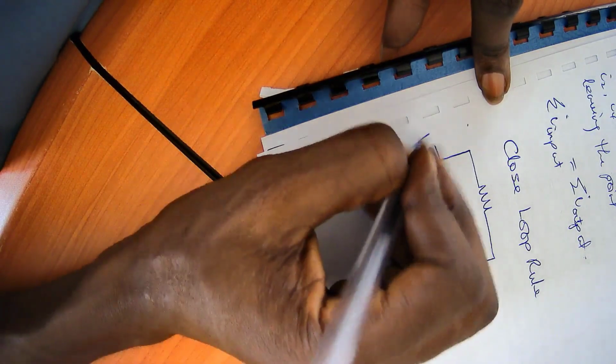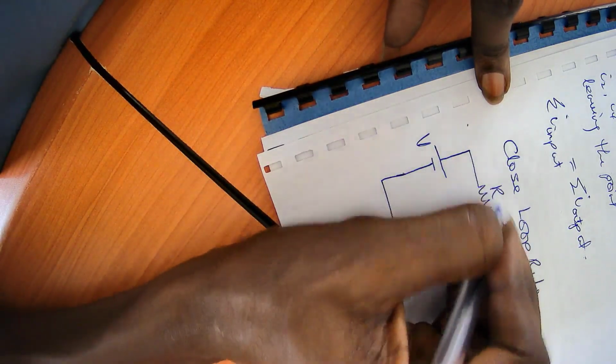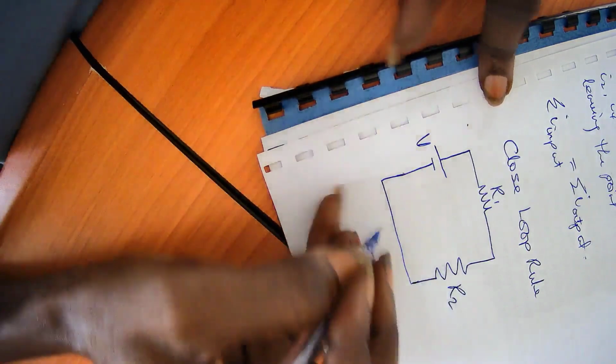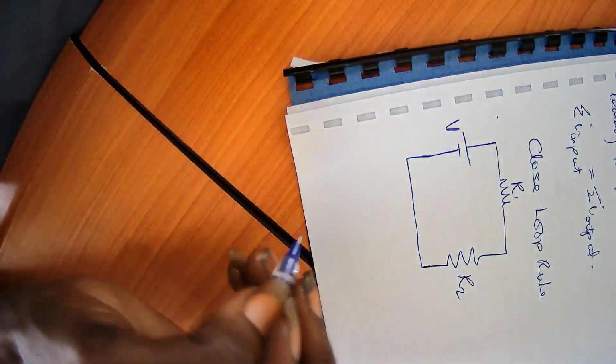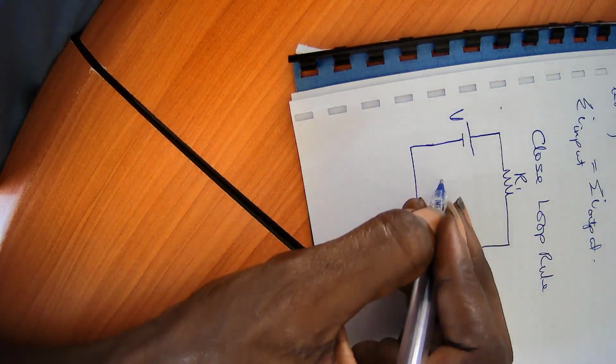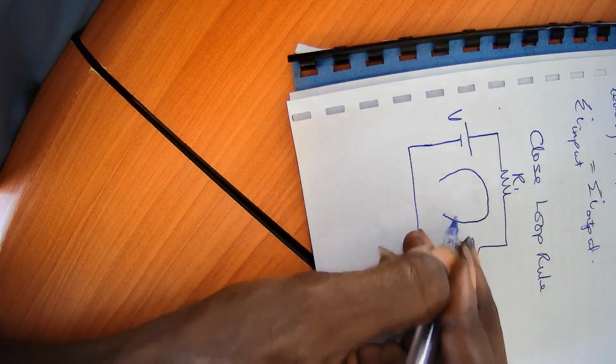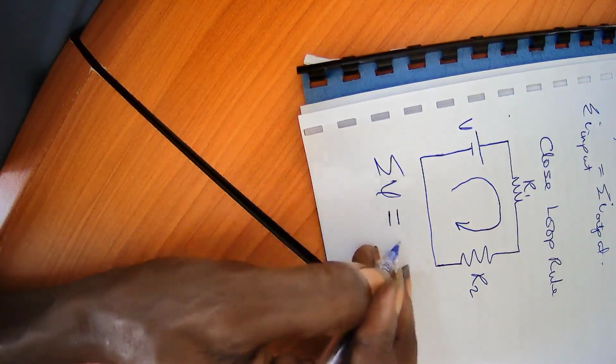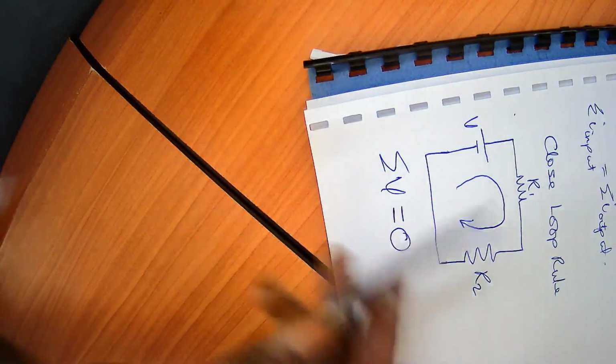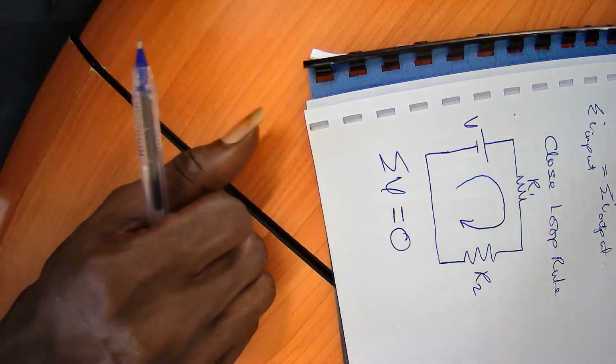Let's say this is voltage V, this is R1, this is R2. This is a closed loop rule. What it says is that the summation of voltages in a loop should be equal to 0.